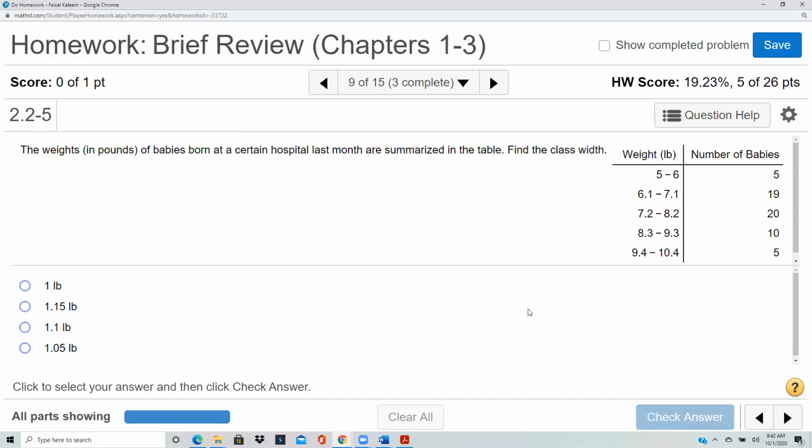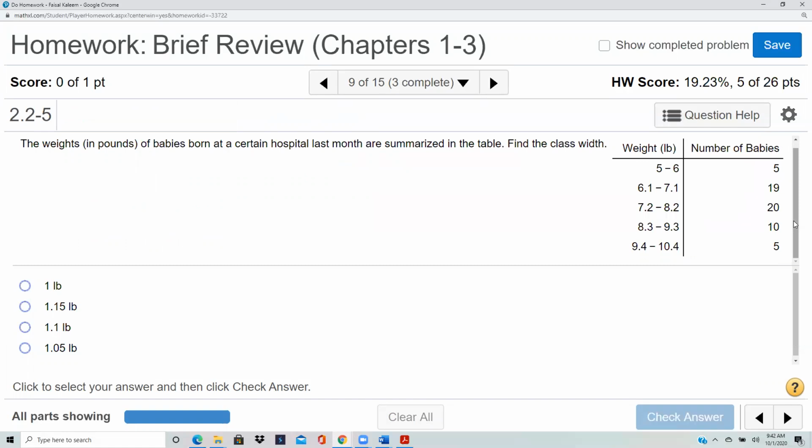Find the class width. So what's the key thing here? How do we look for the class width in the table? Horizontal or vertical? Wouldn't it be horizontal? That's what it seems like if you think about it logically.